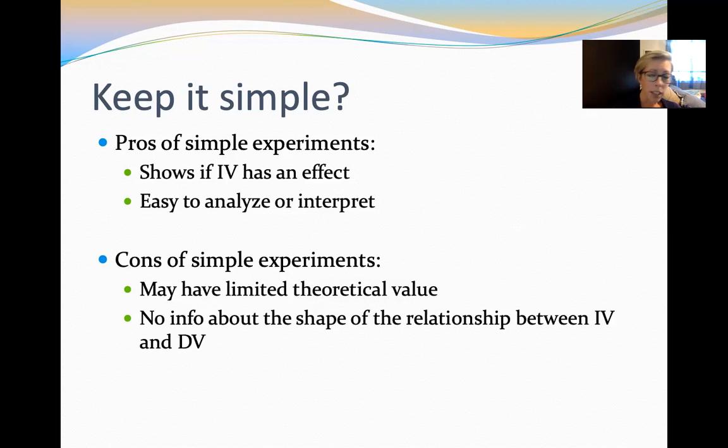On the other hand, if you're interested in really getting bang for your buck and trying to figure out all of the potential research relationships going on in any given context, looking at multiple different predictors, a simple experiment's just really not going to do that for you.